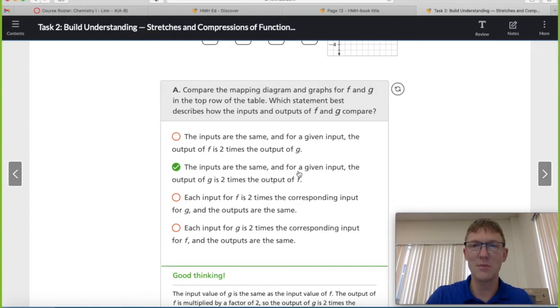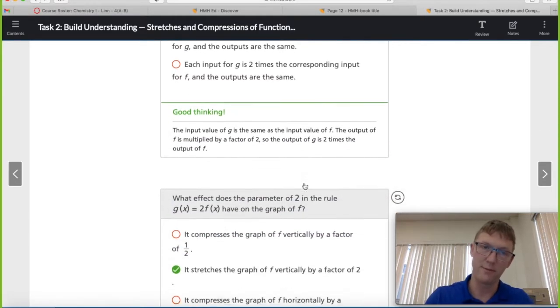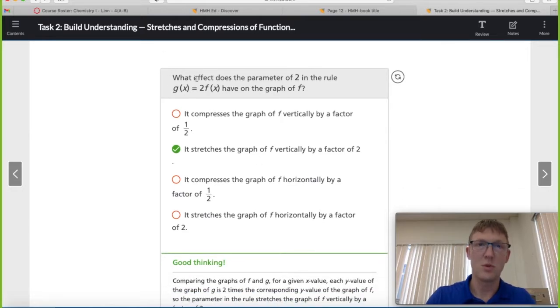So inputs are the same, and for the given input, the output of g is 2 times the output of f. So what effect does the parameter 2 in the rule g of x equals 2 f of x have on the graph? It stretches the graph vertically by a factor of 2. And that's how you would say that. It stretches the graph vertically by a factor of 2.